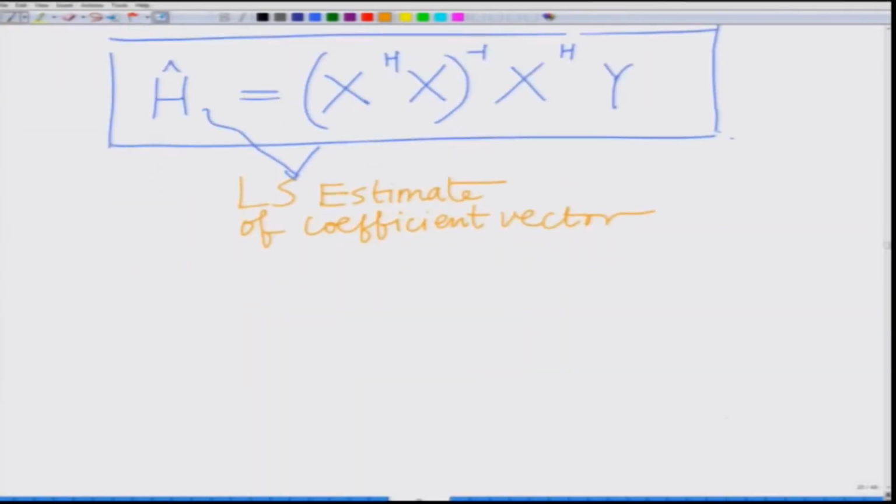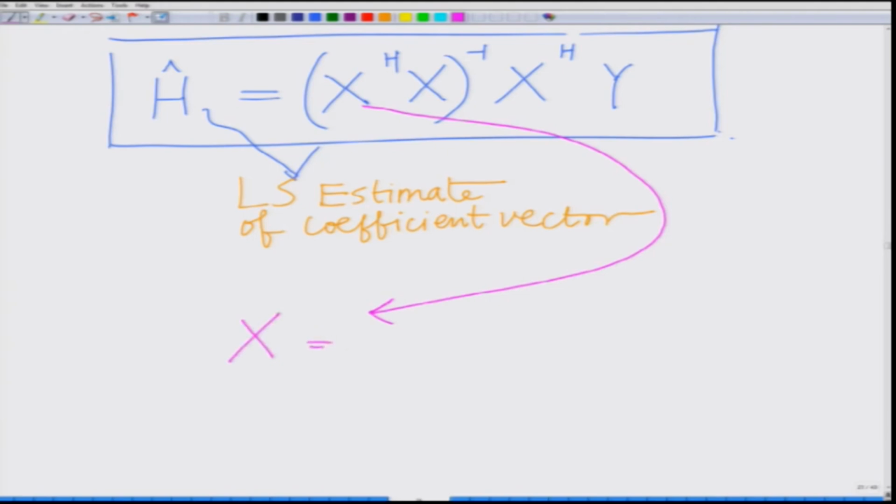Here the vector Y bar is the FFT of the output samples received in the time domain, that is, the vector of outputs across the various subcarriers, and X is the diagonal matrix consisting of the pilot symbols which are loaded onto the subcarriers. Now observe something interesting: this matrix X is a diagonal matrix, which is basically invertible. So this is slightly different from the least squares that we have seen before.